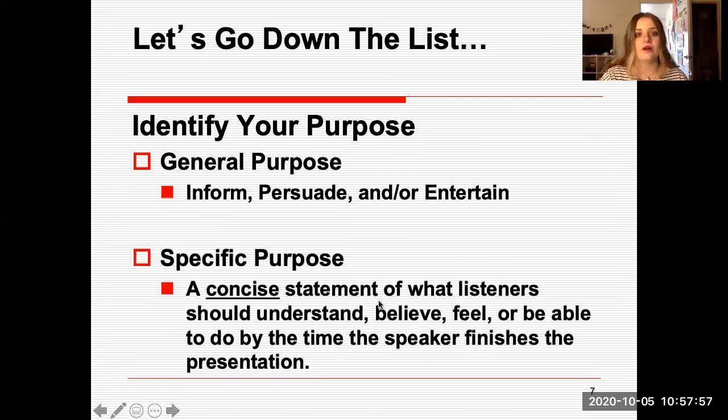Starting off with your purpose, there are three main types of purposes. For our speech, we're only doing informative, and we'll get into persuasive speeches later in the semester when we do the group project. Right now, we're focusing on informing. The purpose is to inform.